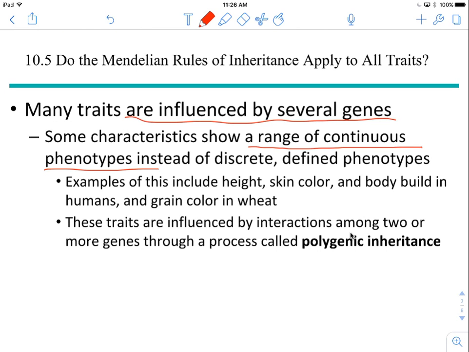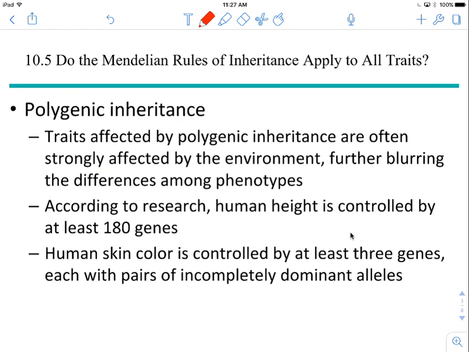Traits like height, skin color, body build in humans, and grain color in wheat are determined by two or more genes, and it's called polygenic inheritance.